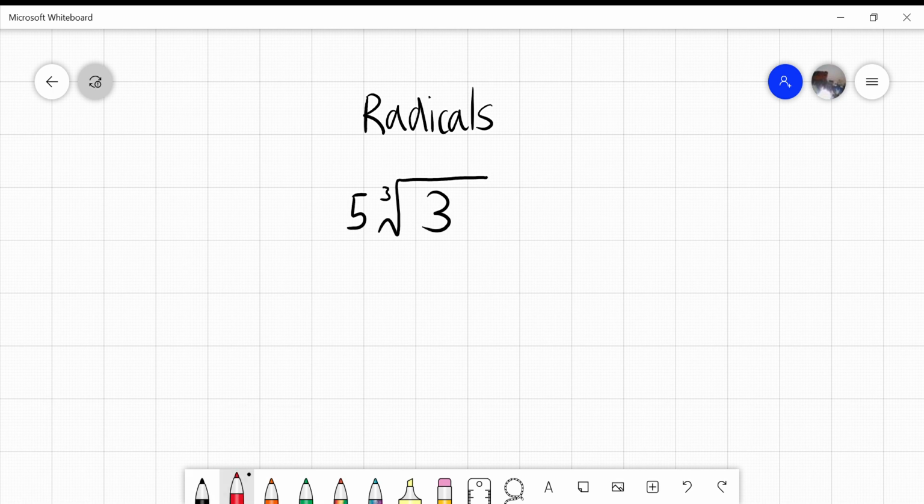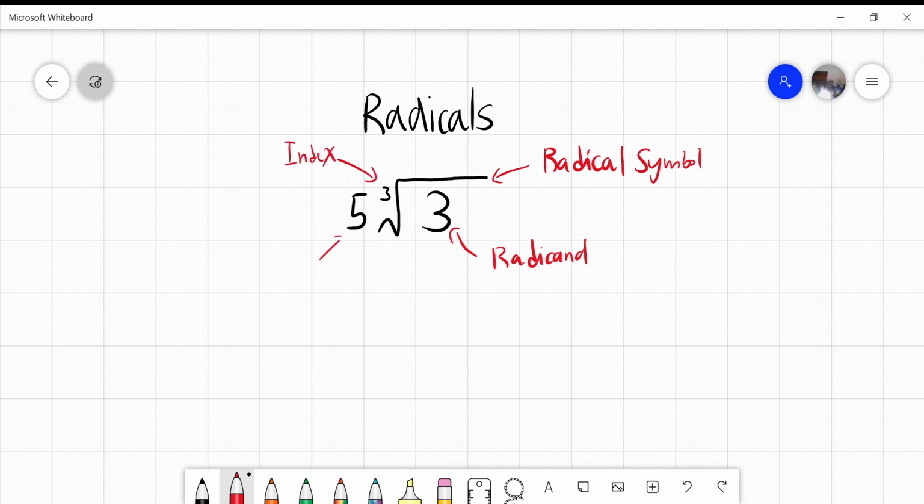This is called the radical symbol, and this number right here is called the radicand, and that is the index. This is the coefficient, much like the coefficient in front of a variable.